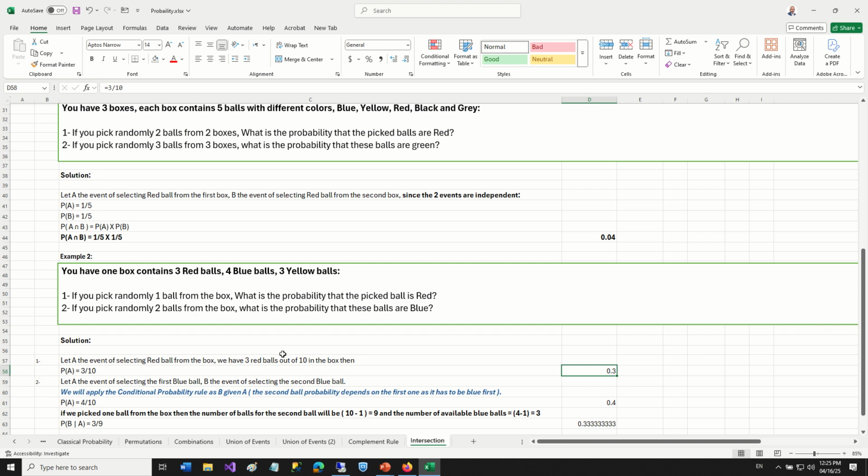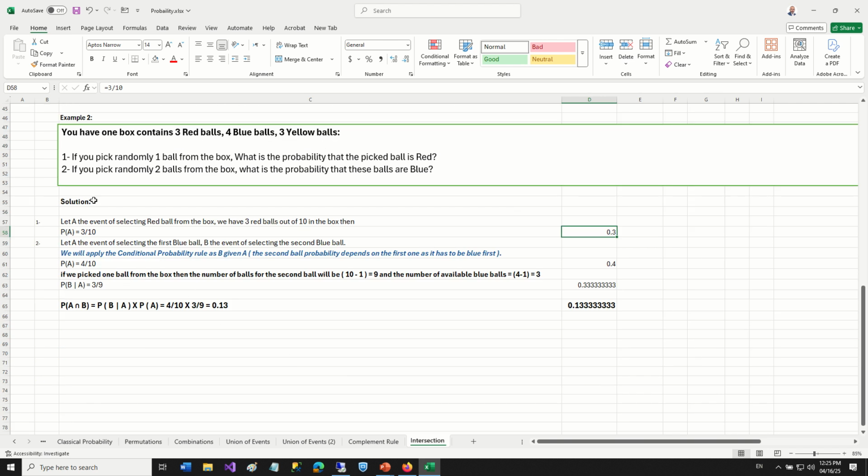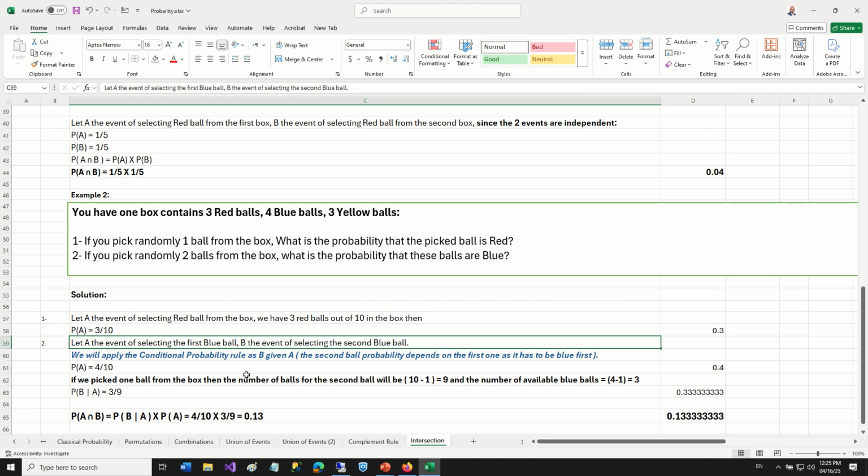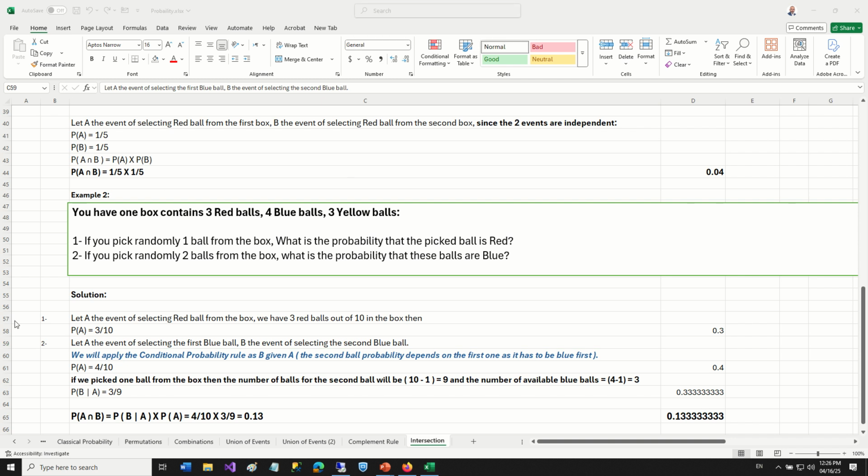If you pick randomly 2 balls from the box, what is the probability that these balls are blue? Here we have to stop because it is not a straight question. Let A be the event of selecting the first blue ball, B the event of selecting the second blue ball. So now we will apply the conditional probability rule, as B given A means the second ball probability depends on the first ball.